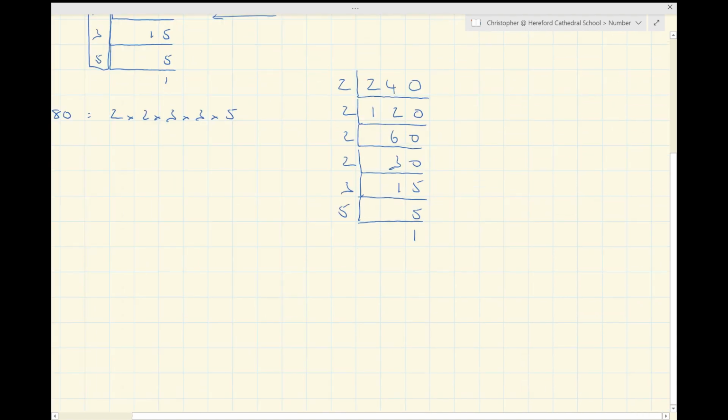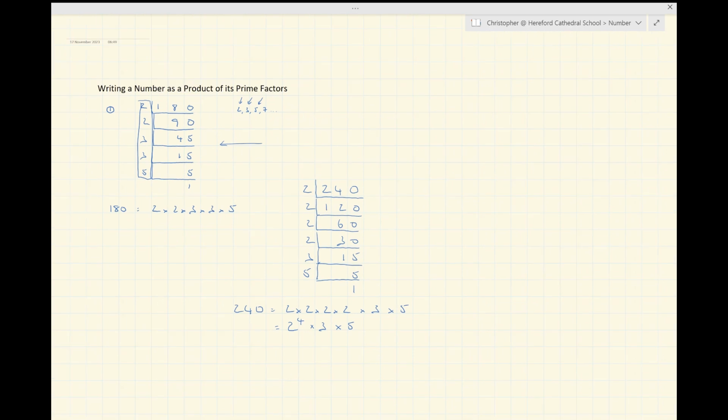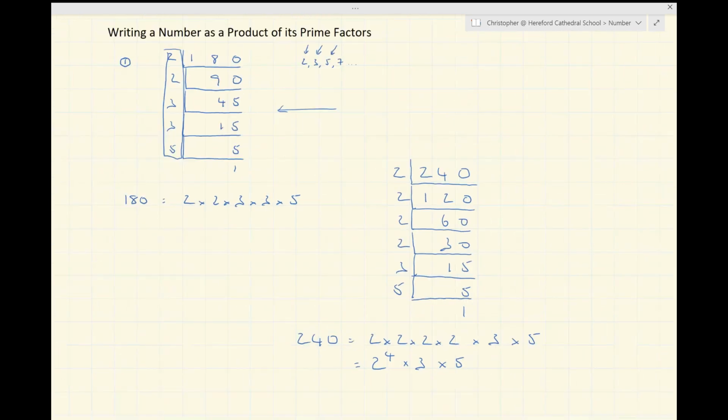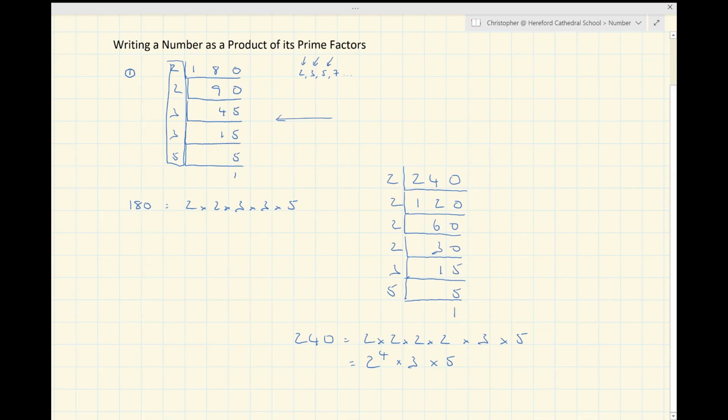So according to the ladder method, 240 is 2 times 2 times 2 times 2 times 3 times 5, which, as you probably know, you can write as 2 to the power 4 times 3 times 5. Okay, that's method 1. That's my least favourite method, but perhaps you like it, in which case you might choose to use it.